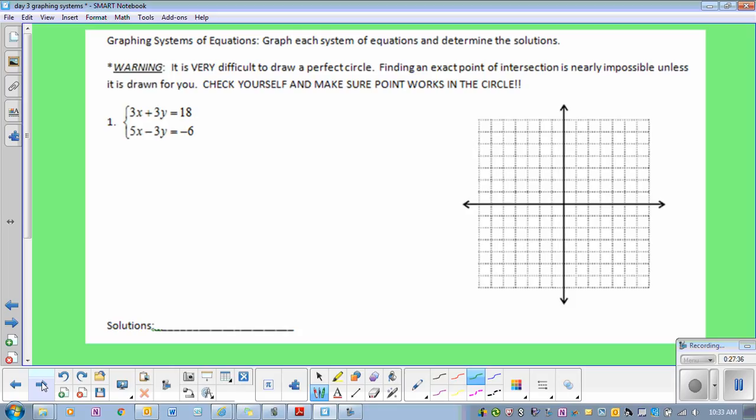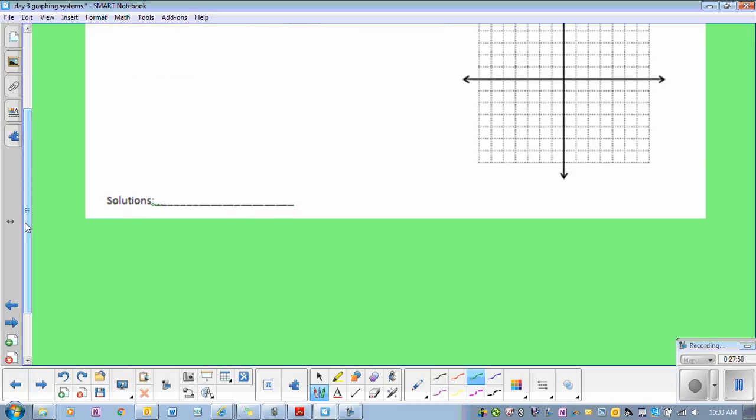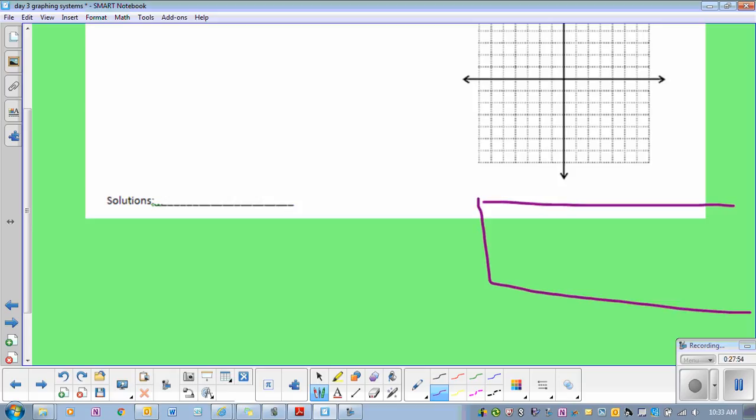So, the next type of questions, we're actually going to graph and determine the solutions, okay? So I want you guys to write a couple of things here, just somewhere on your paper. You don't need a whole lot of room.